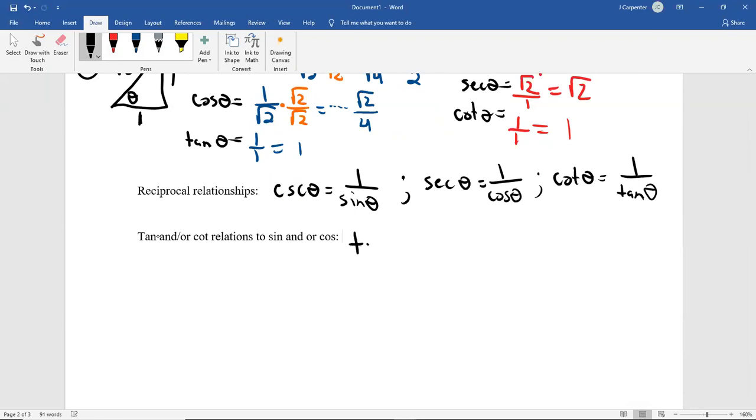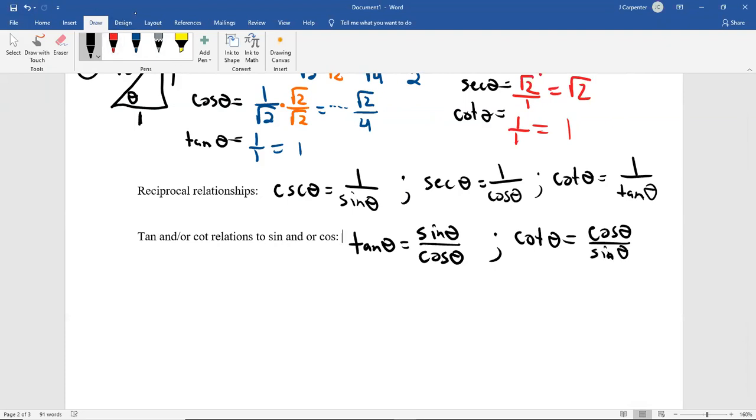So tangent of theta is the sine of theta over the cosine of theta. I haven't said that one yet, but it's true, and I will show you why. The cotangent of theta, if you understand the idea of reciprocals, if tangent is this, cotangent is a reciprocal of tangent, then just flip the sine and cosine. It should be cosine of theta over sine of theta.